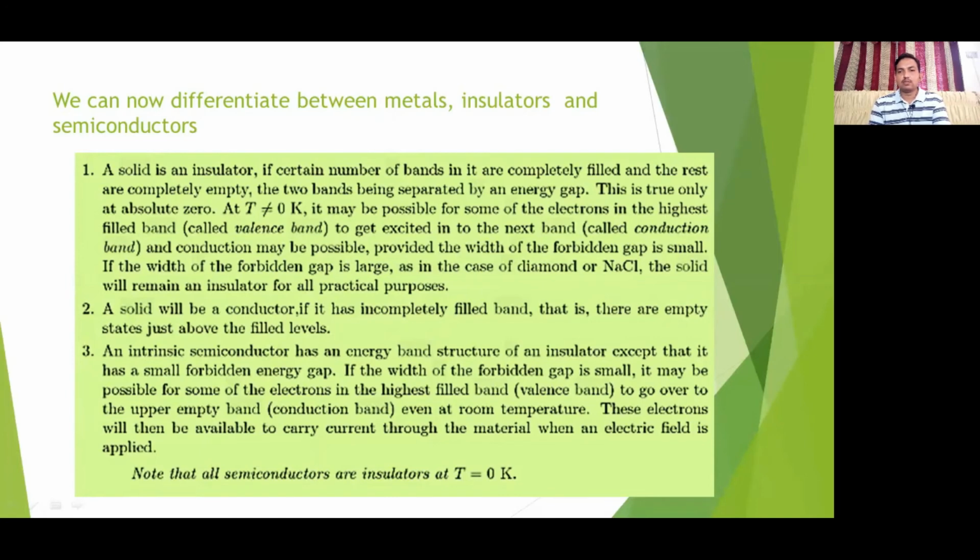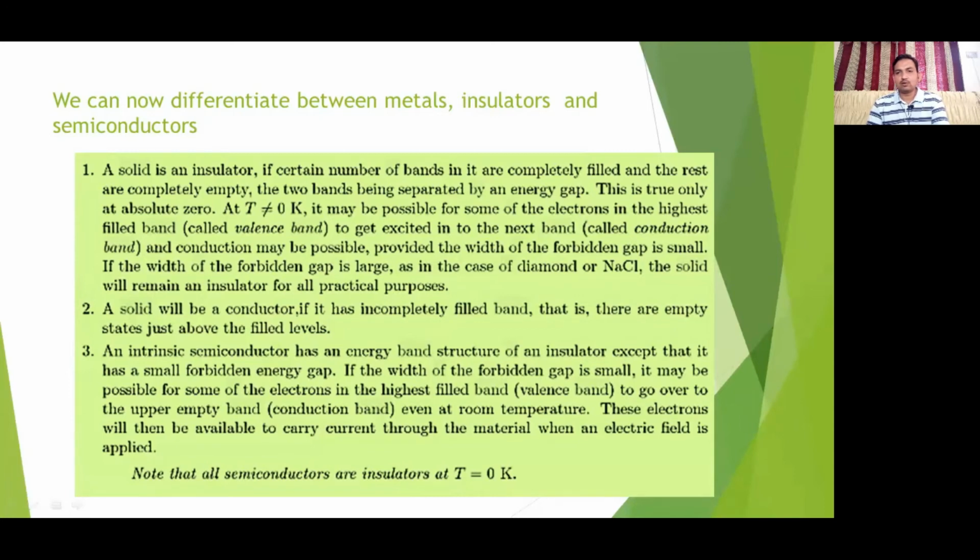Now we talk about intrinsic semiconductors. Semiconductors are very much like insulators if the temperature is 0 Kelvin. However, at room temperature, these are insulators in which some electrons from the filled valence band jump up to the conduction band, which is initially empty.